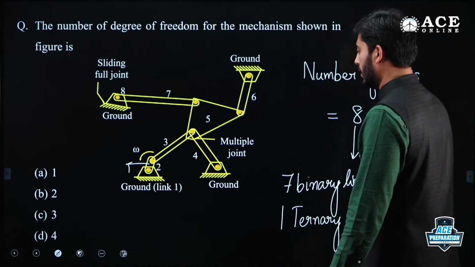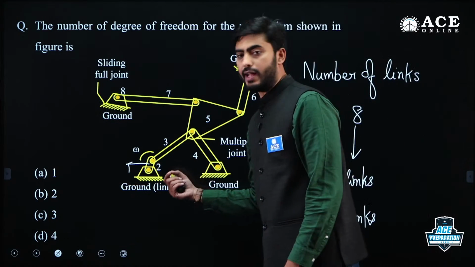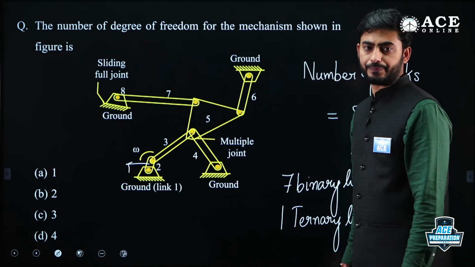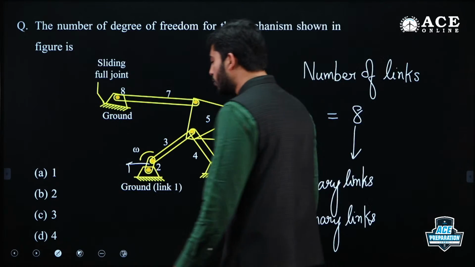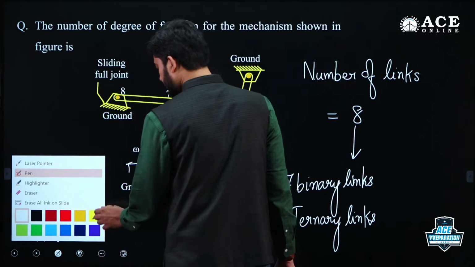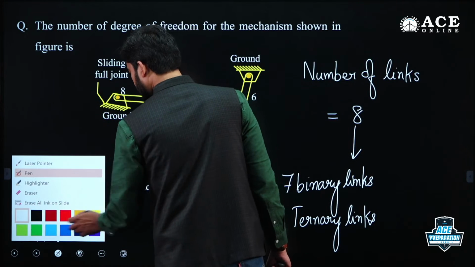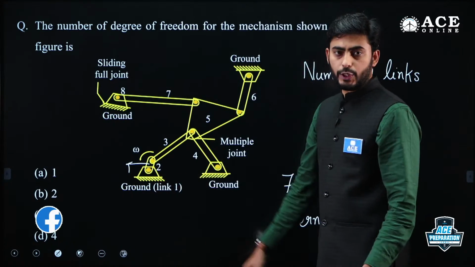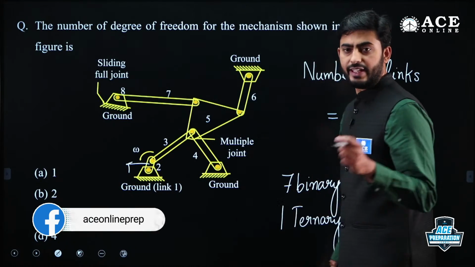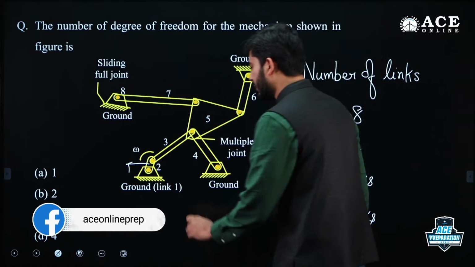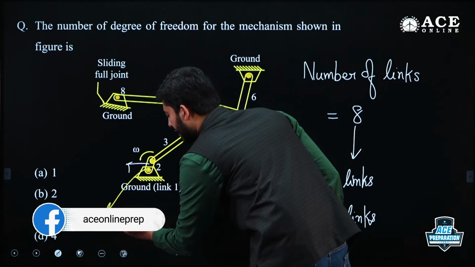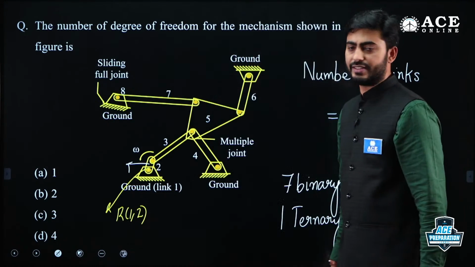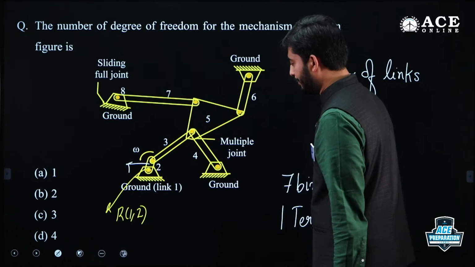Now we are required to calculate or count the number of joints. So let us count the number of joints. Between link 1 and 2, that is the shorter one, there is a revolute pair formed. I will number this as R1,2, that is the revolute joint number 1.